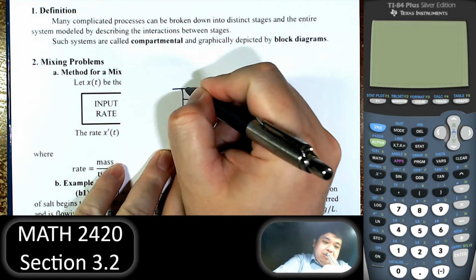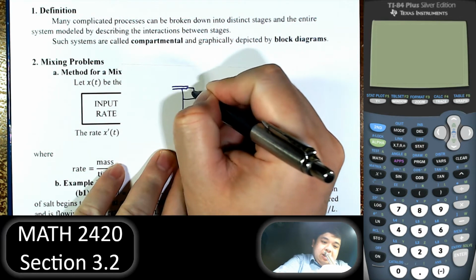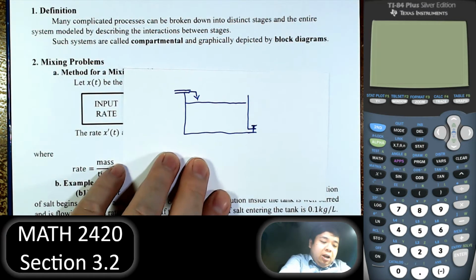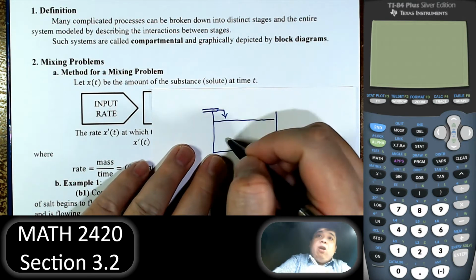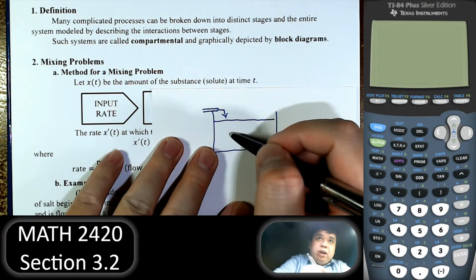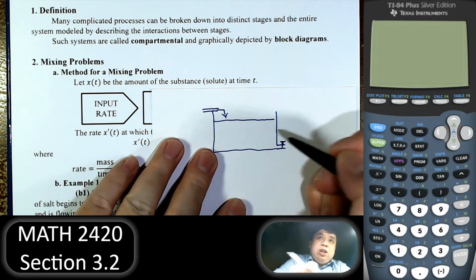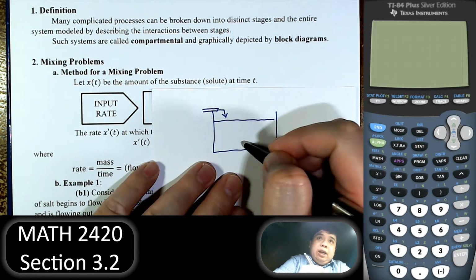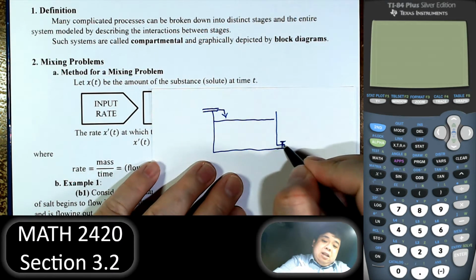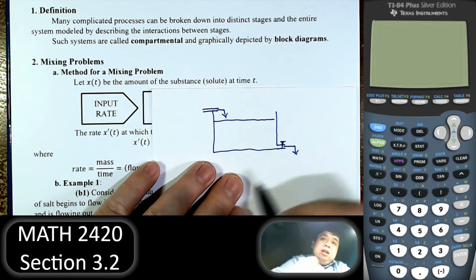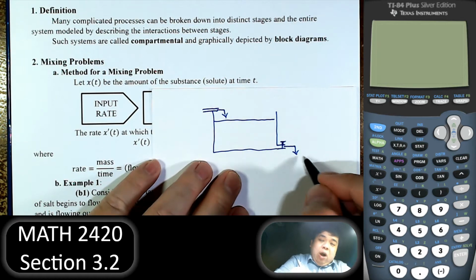Then we have another solution that flows in. The concentration might be different from the concentration of what is currently in the tank, and then there's a valve that goes out.